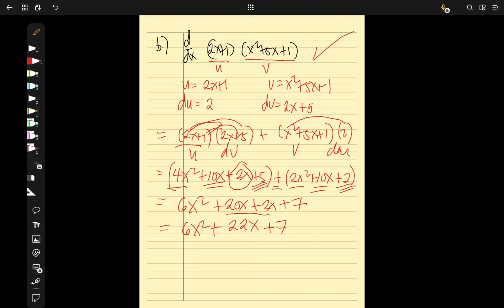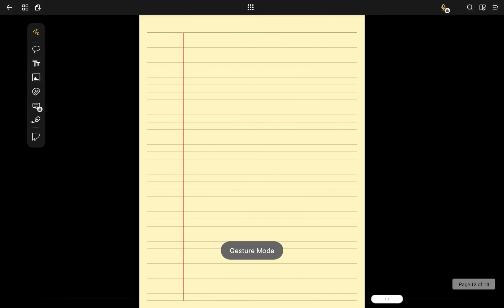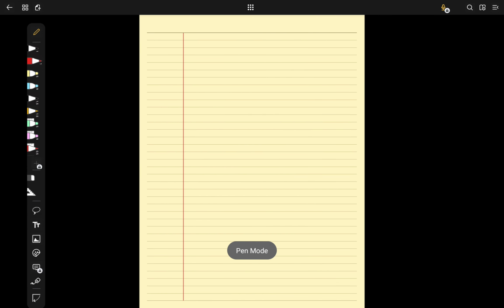Ayan siya. Then, sabay na natin yung isa pang formula. Susunod natin formula is the derivative of a quotient, u over v. So sabi sa formula, medyo mahaba yung formula nito.